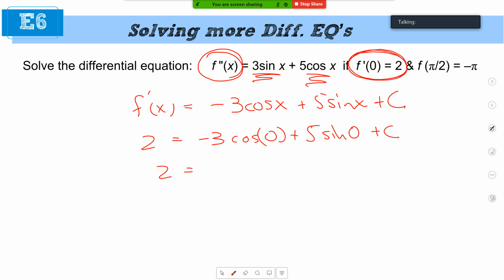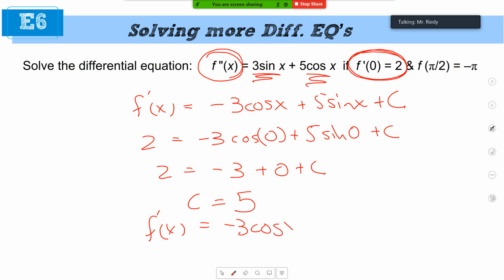So that's 2 equals negative 3 plus 0 plus c. So c is equal to 5, which means that f prime of x is negative 3 cosine x plus 5 sine of x plus 5.